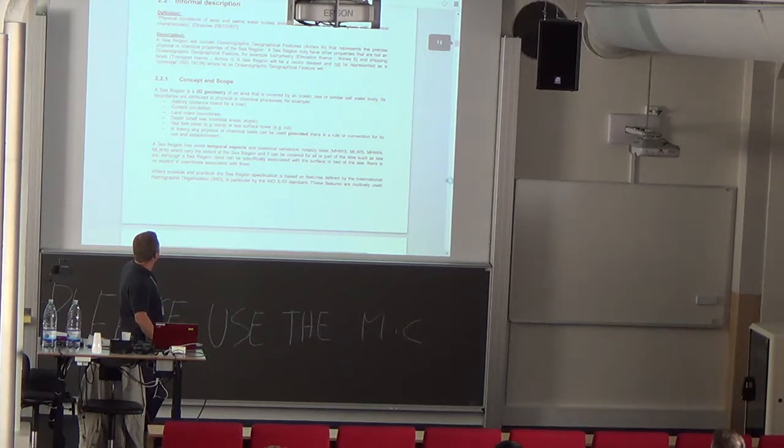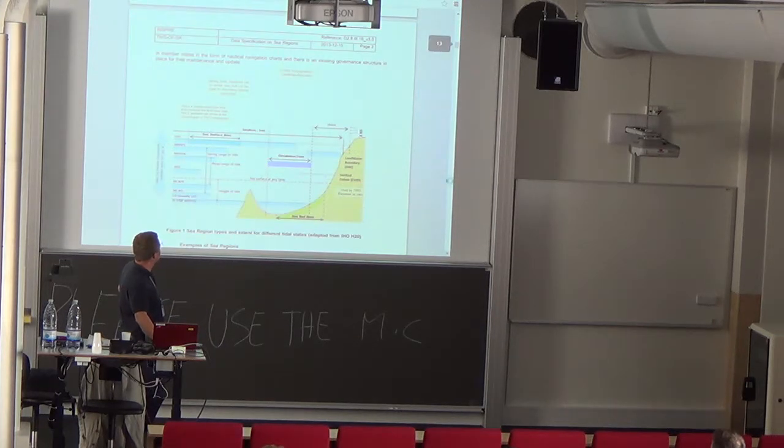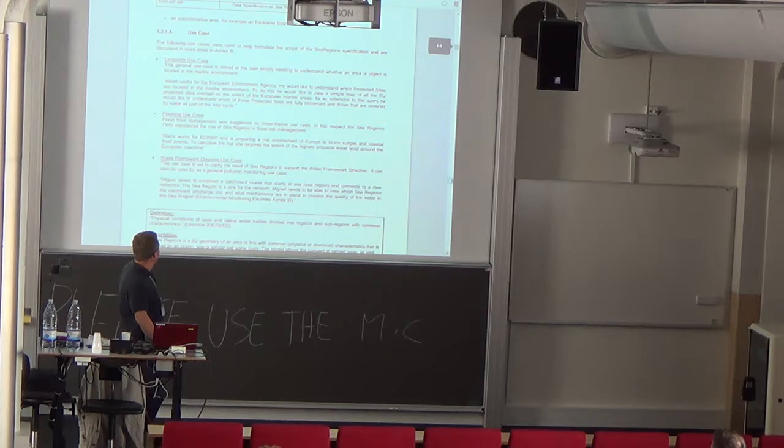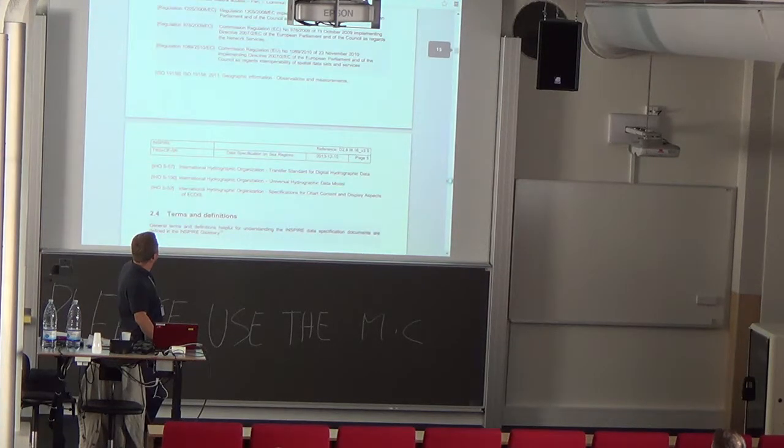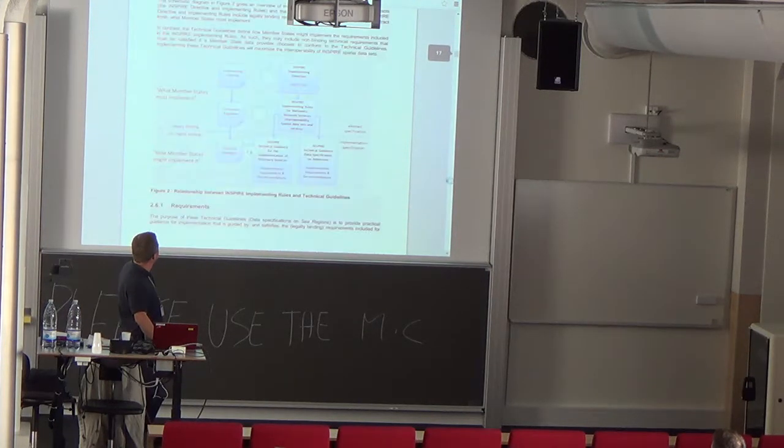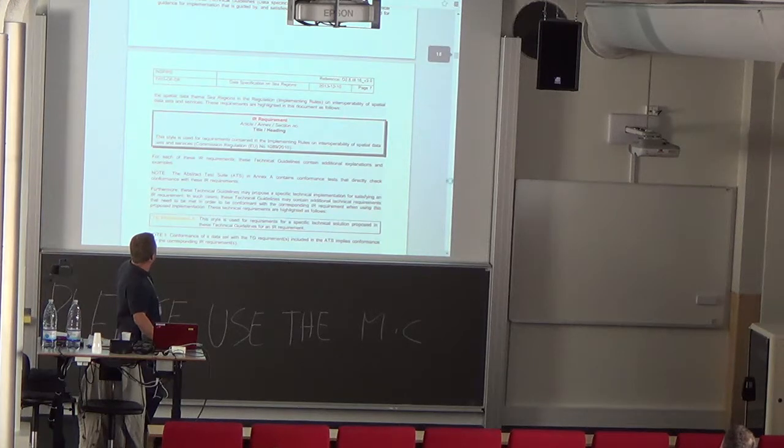So we have scope, informal description, concept and scope for the C region, that it's a 2D geometry more or less, some pictures. Okay, terms and definitions. Also this picture I was showing you today, to distinguish what is legally binding and what is not legally binding, what is the content in the technical guidance.